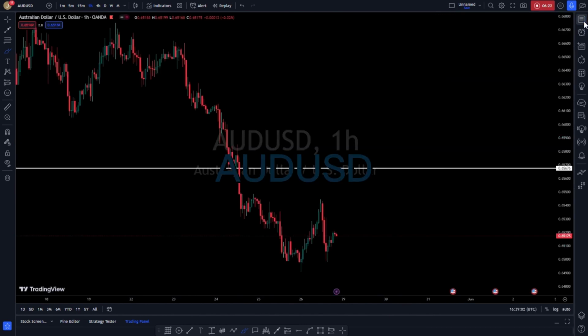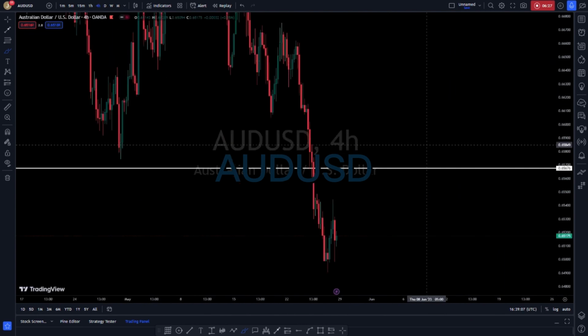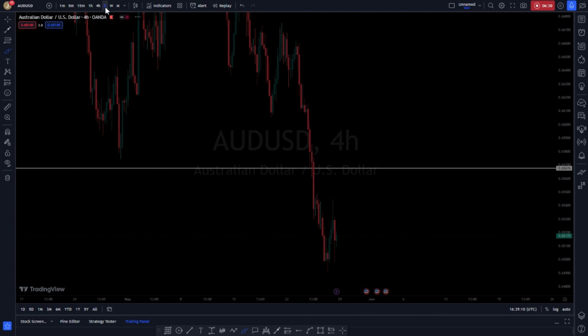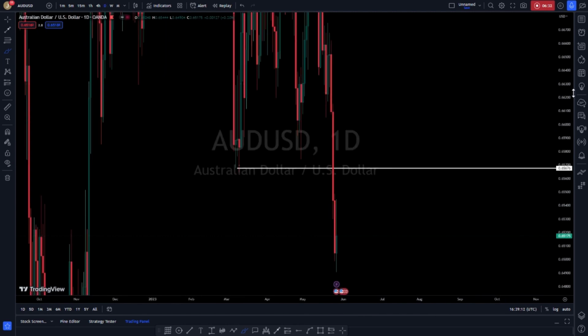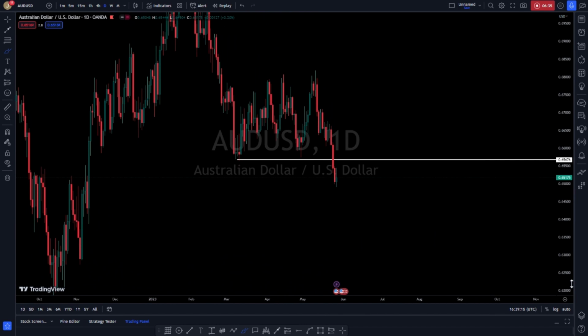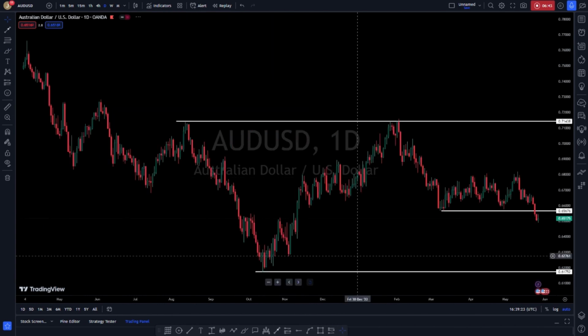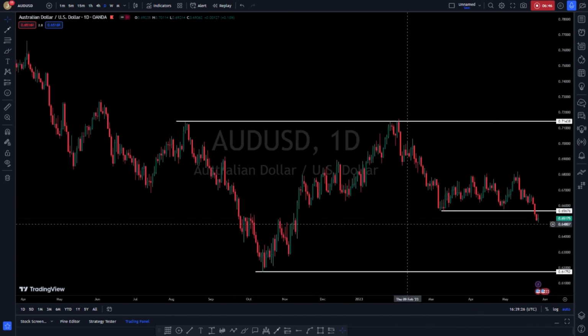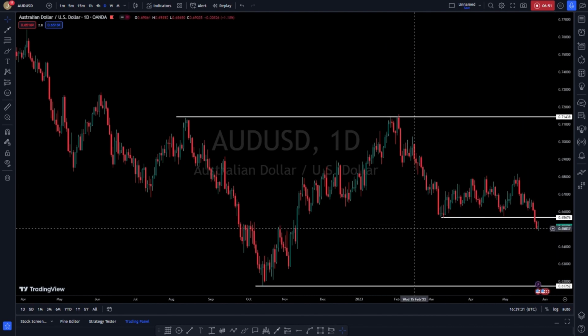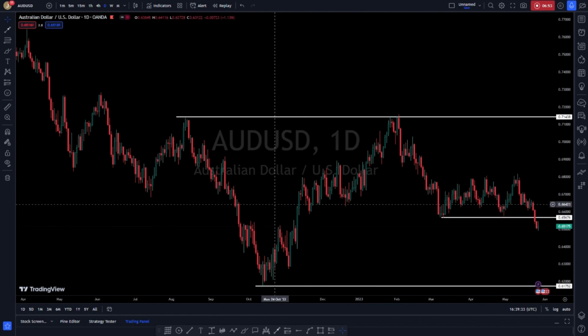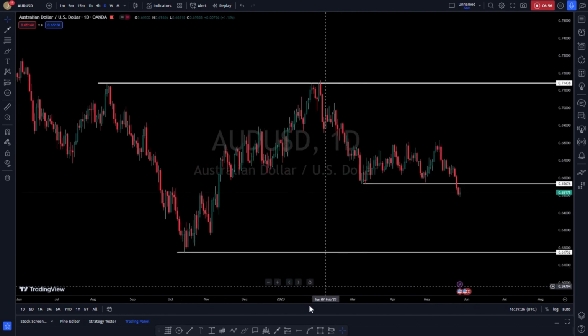AUDUSD is actually a very sweet pair on its own. So let me show you something on the higher time frame. Yeah, this is the higher time frame on AUDUSD, and the price action is looking so sexy, in the sense that with the formation of this pattern, you already know the things that might happen.